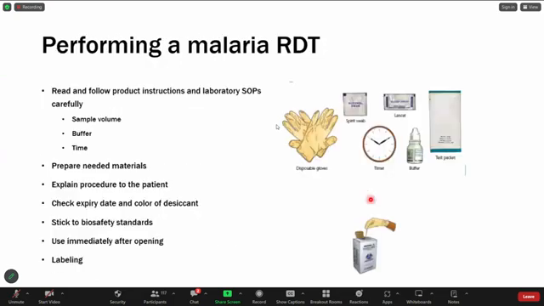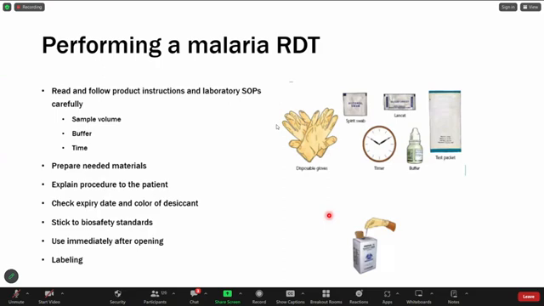Now, we need to discuss a little more on how to perform malaria RDTs. We shall not go through the SOPs one step by step, but there are a few points that need emphasis. The first point is reading and following the product instruction and the lab SOPs carefully.